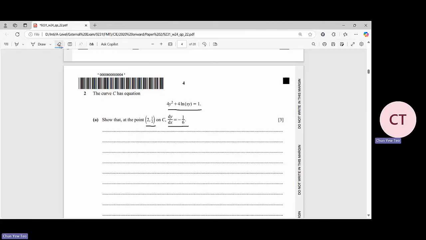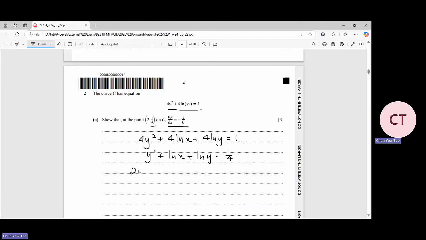Before we differentiate, to make our job easier, we apply the law of logarithms to split the ln of xy into 4 ln x plus 4 ln y. Again, every term has a 4, so we can divide by 4. That will be easier for us.